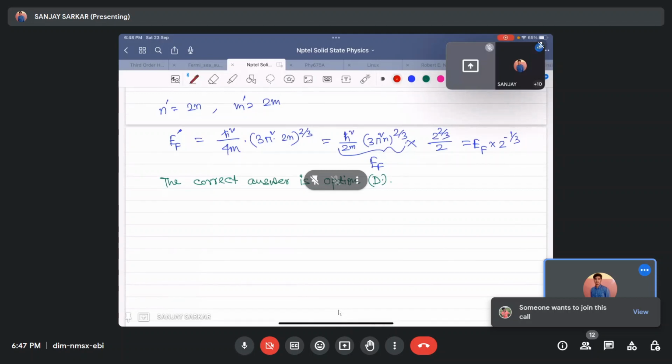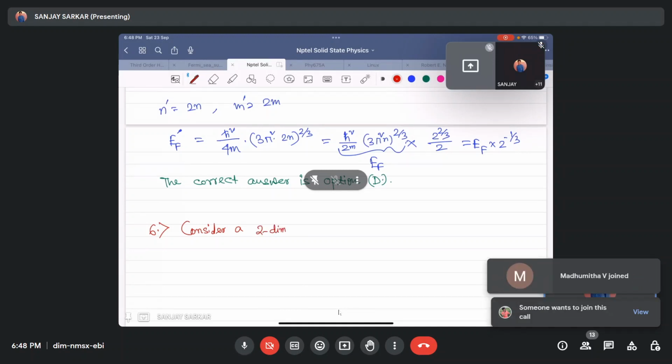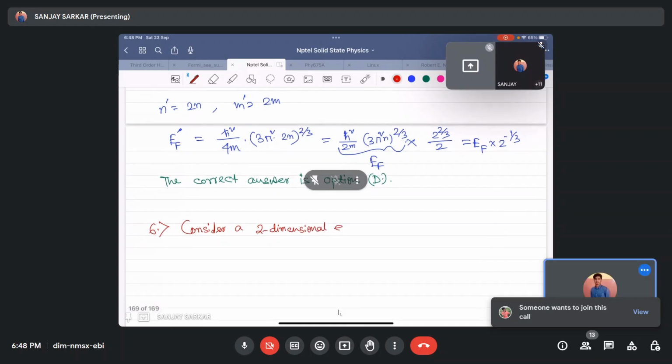Let me write down the question first. Consider a two-dimensional electron gas with a density of 10 to the power 19 per meter square.